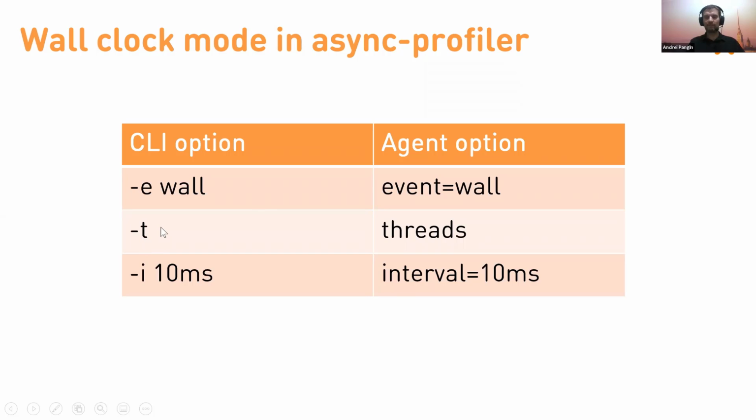It's usually convenient to run wall clock profiling in threaded mode, where all threads are profiled separately, because you typically want to know what each particular thread is doing, and you're not interested in, let's say, garbage collector threads or compiler threads, or threads that are sleeping in a thread pool.